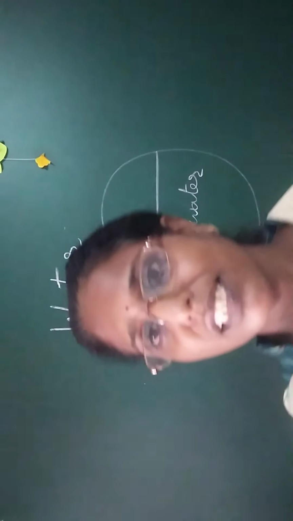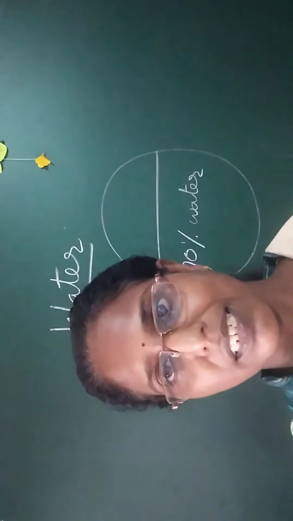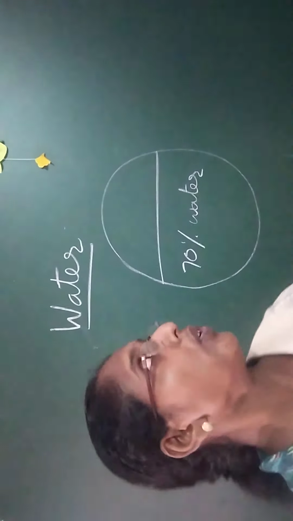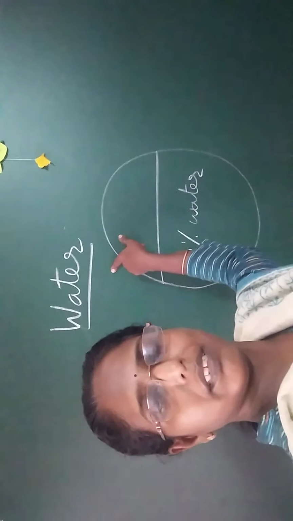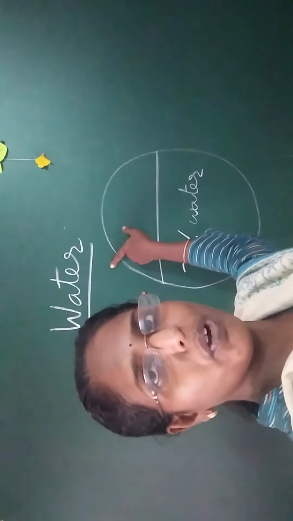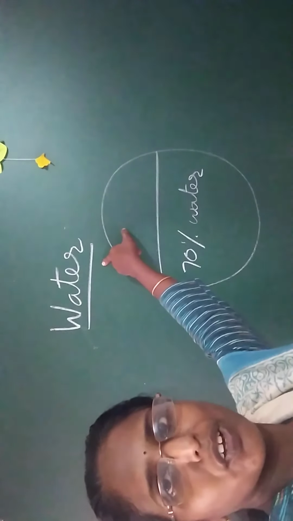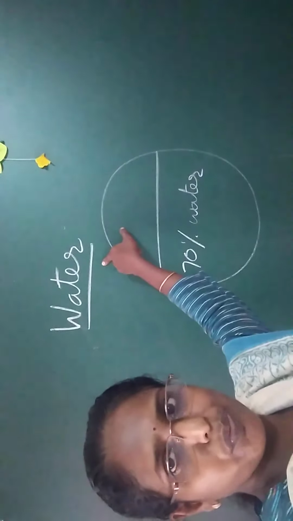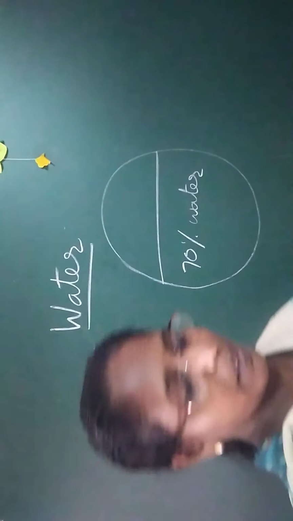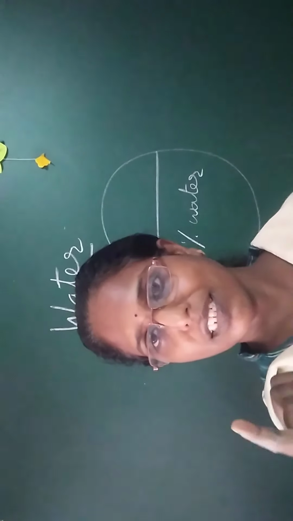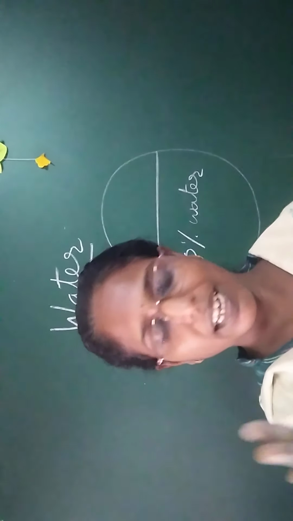In third standard you learned a lesson, Matter and its Properties, and water is a matter. It is made of molecules, and usually we can see water in liquid form. There are three states of matter: solid, liquid, gas.